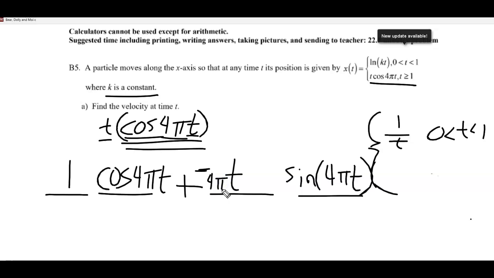And so if I rewrote this in a little bit of a cleaner fashion, it would look like this. So we have cosine 4 pi t minus 4 pi t and then sine of 4 pi t. Running out of space here, so I'll go vertical there, but there it is. Okay, so that's how you do the derivative for number 1.